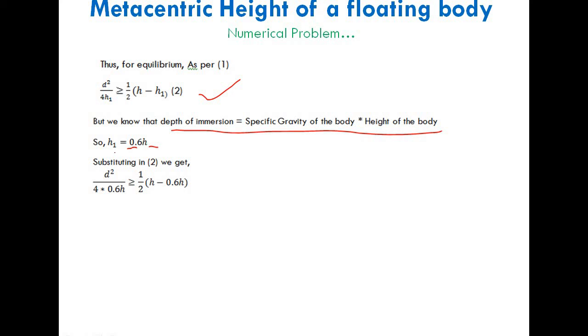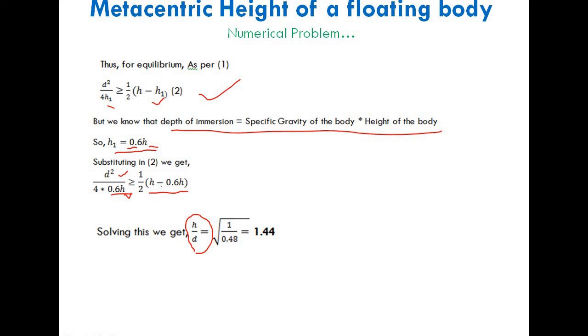If you substitute h1 equal to 0.6h in equation 2, you get 1 by 2 into h minus 0.6h, and here also you substitute 0.6h for h1. If we take the equality symbol and solve, the unknown quantities are h and d, and as per the problem we need to find the ratio h by d.